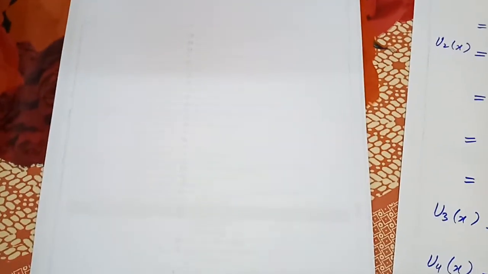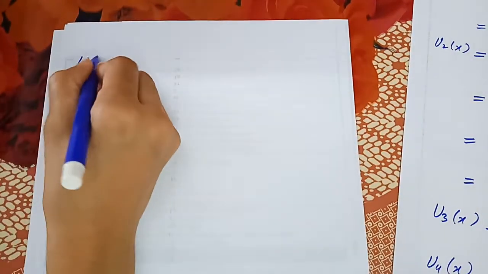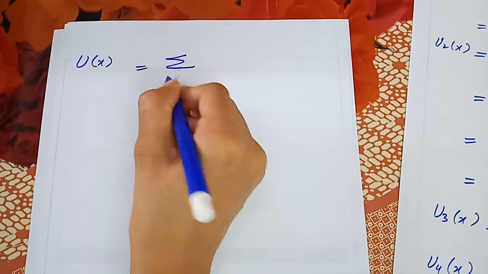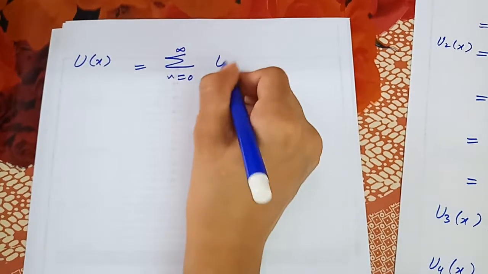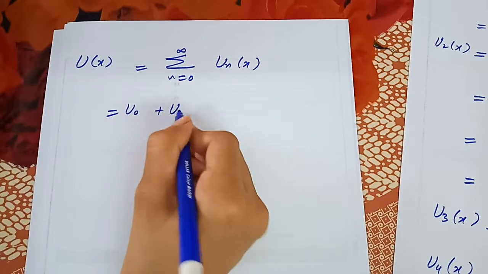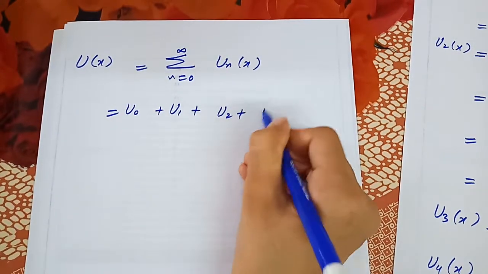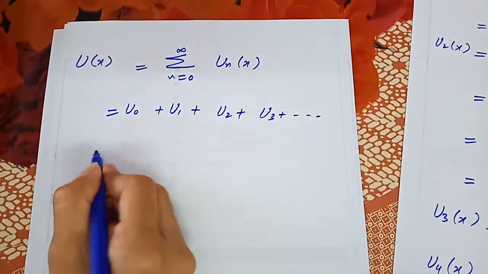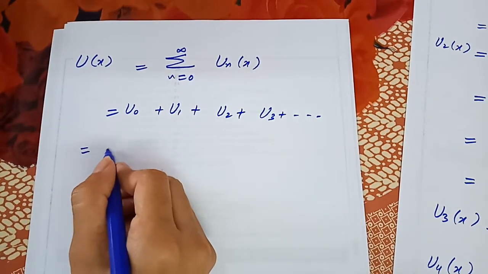We know that we took u of x as summation n equals 0 to infinity u_n of x. Let's expand it: u0 plus u1 plus u2 plus u3 and so on. Let's put all of these values here.